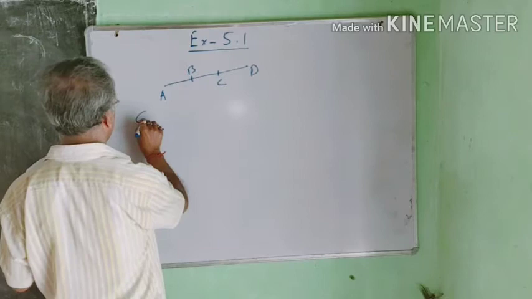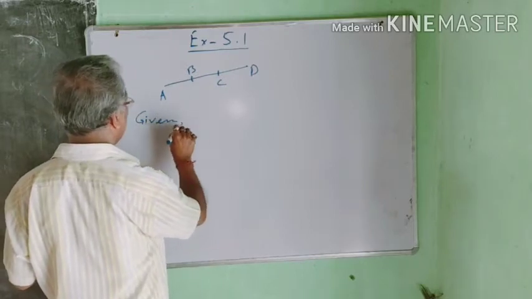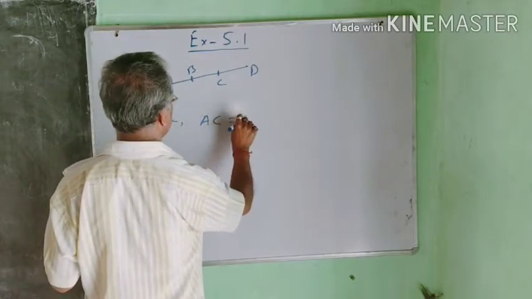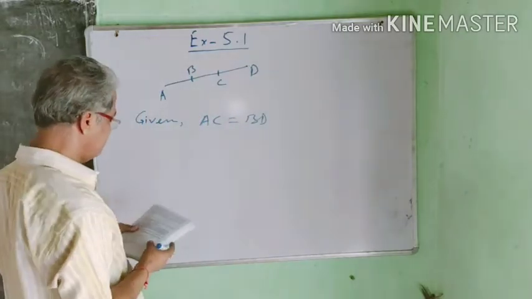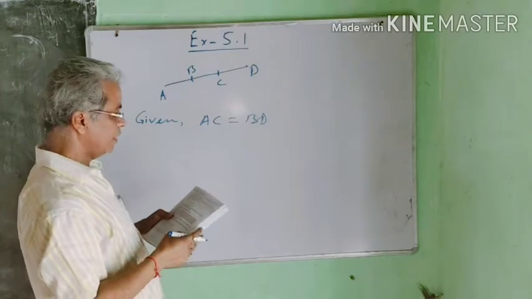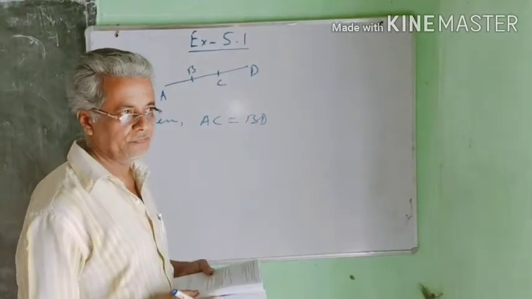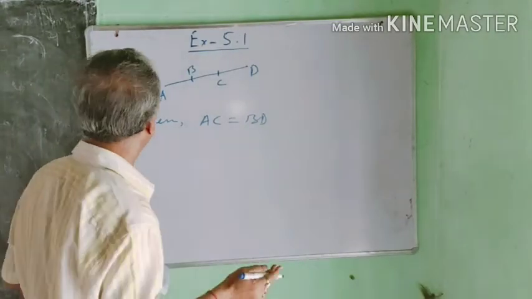Given AC is equal to BD is given. You have to prove AB is equal to CD. How will you prove it?